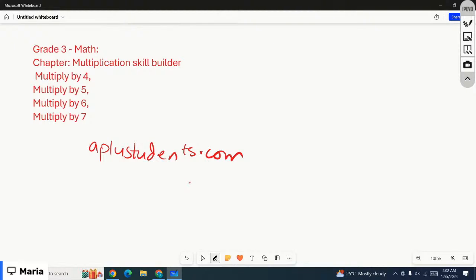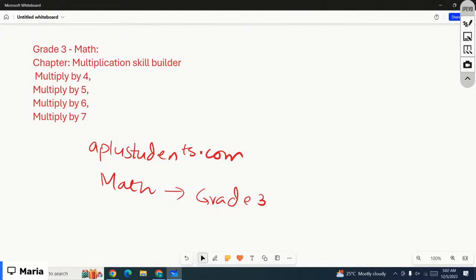Then you have to select math from the subject tab. Scroll down to grade 3 and then click on view all lessons. There you can find a list of the chapters. We're going to start with the chapter multiplication skill builders.